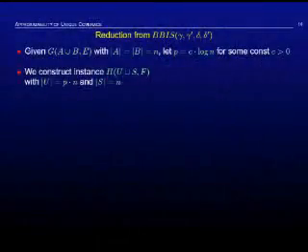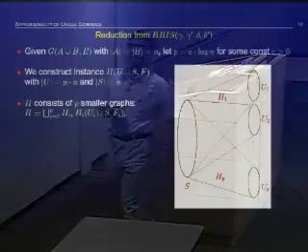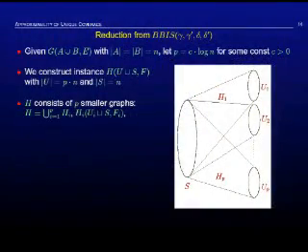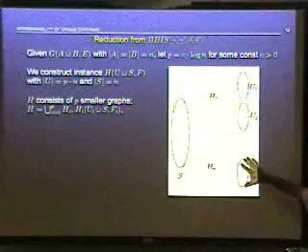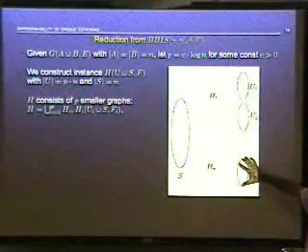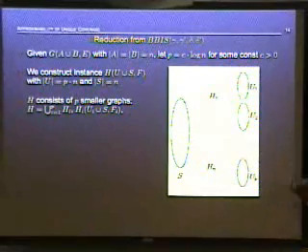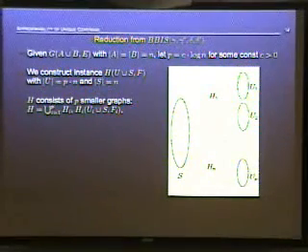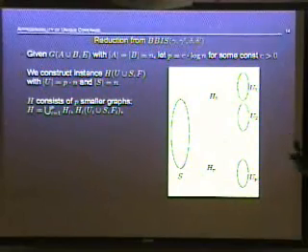Good. So if you give me this graph G, we are going to construct this instance, so let me draw the picture. We are going to make log n copies, a constant factor of log n copies, where the constant is C. If you want more details, it's related to gamma and gamma prime.